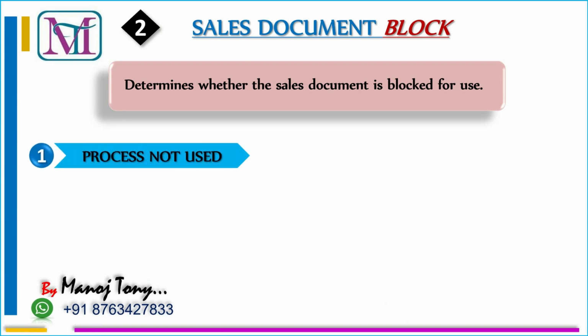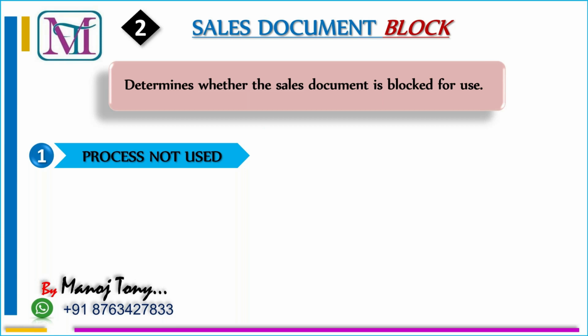So in real time, we use this sales document block when a process is not used. Suppose initially we have implemented a debonding sales process, and right now this process is not in use. So client requirement is what?